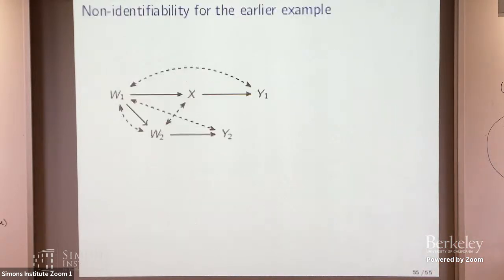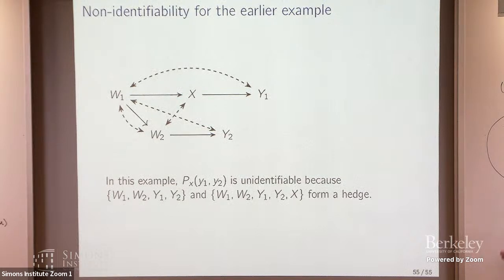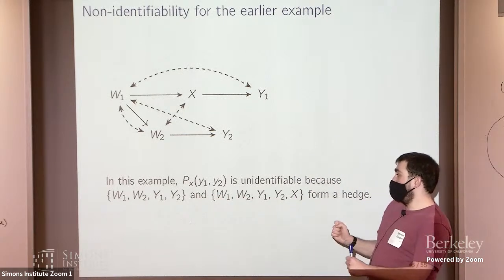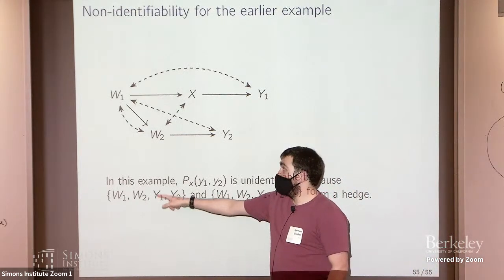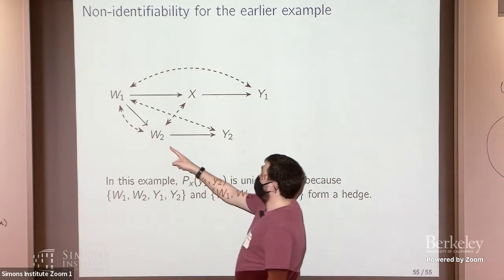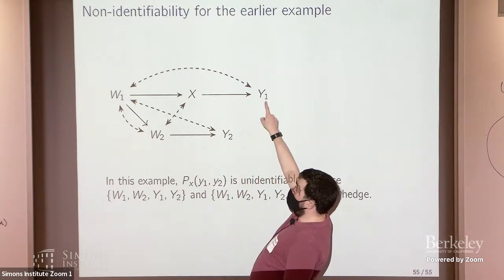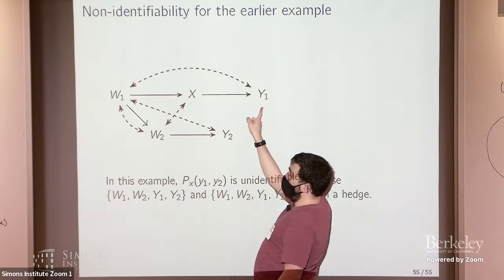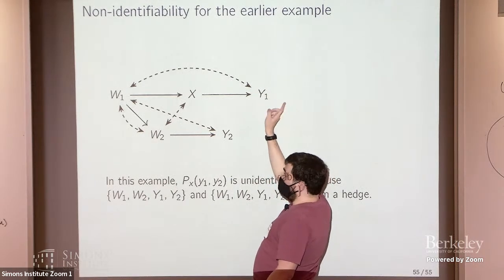And just finally, what does the non-identifiability proof look like for the earlier example? So in this case, the non-identifiability comes from the following pair of forests. Our smaller forest is W1, W2, Y2, Y1. So it doesn't contain X, and it is a Y-rooted C forest, right?